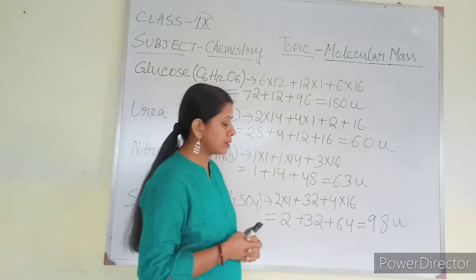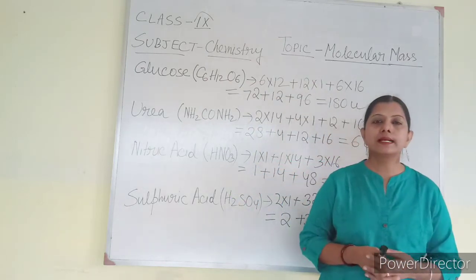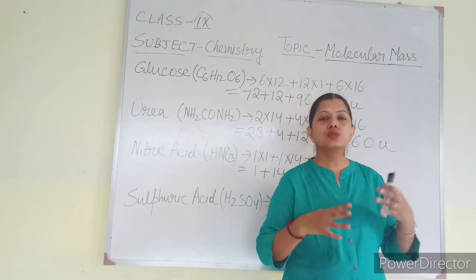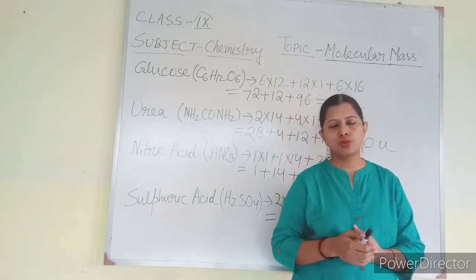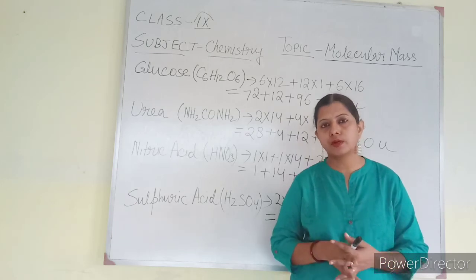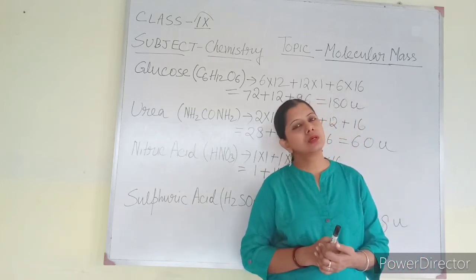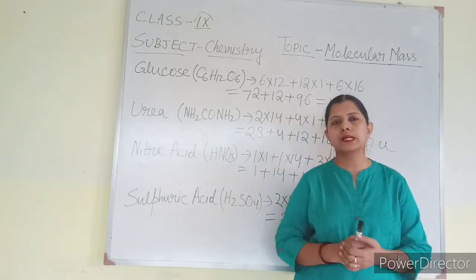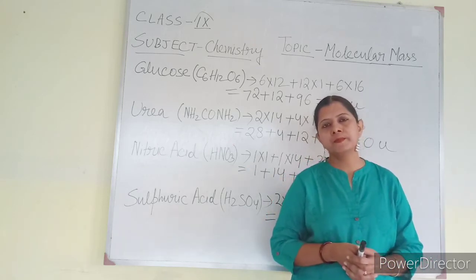One thing I want to say to you several times, that try to memorize the atomic masses of elements whose mass is from 1 to 40 and atomic number from 1 to 20. Then only it will be easier for you to do this kind of calculation. In your book, many more questions are there related to this topic, that is finding the molecular mass of a particular compound.